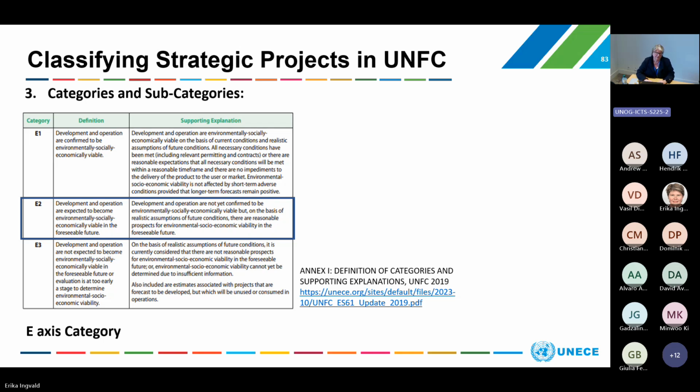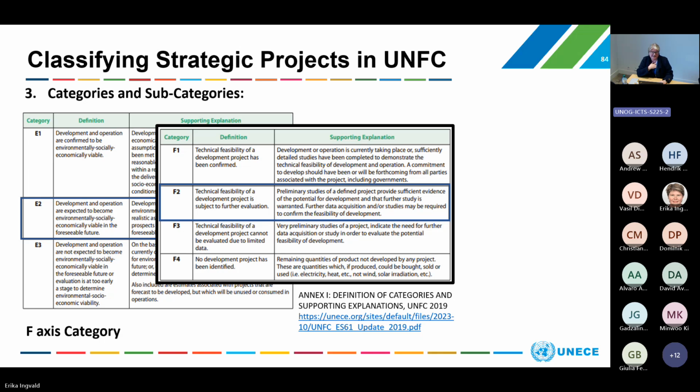So the E2 in this case means development and operation are not yet confirmed, but can be. Remember, when you report it, it's timestamped when you send it in, but of course the project is expected to develop and move forward and may move up to E1.